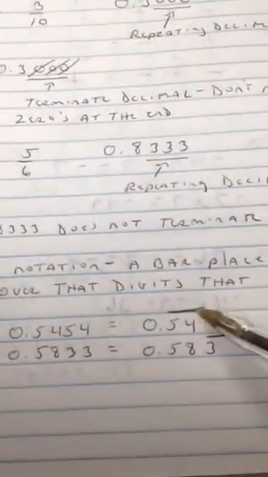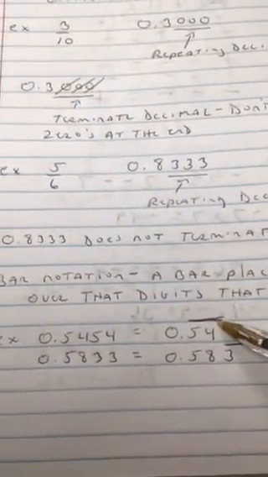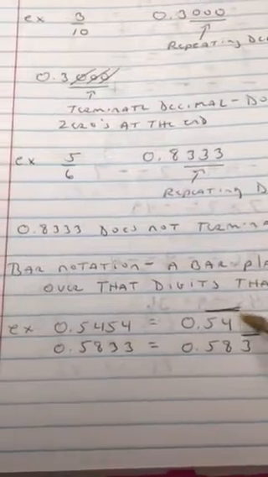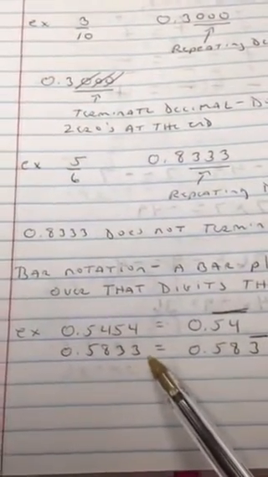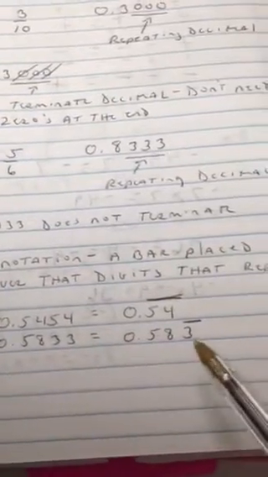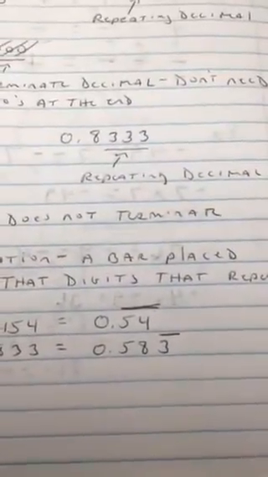So I plant a bar notation over the 54. In decimal 0.5833, the 3 keeps going on forever. So I just plant a bar notation over the 3. That's what the bar notation means.